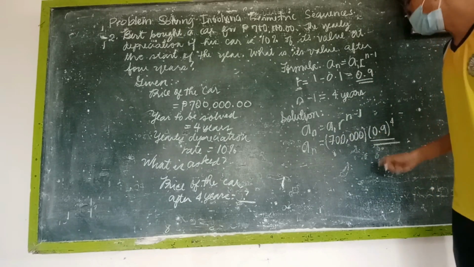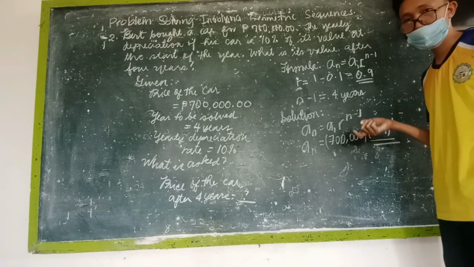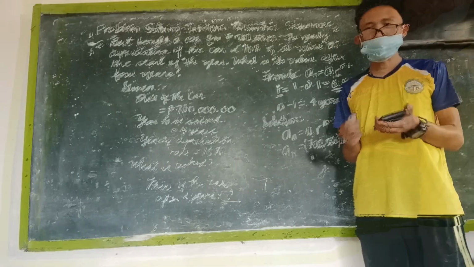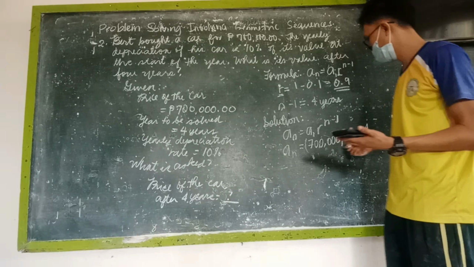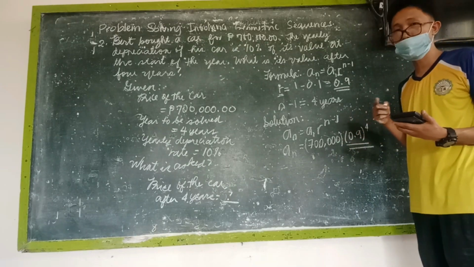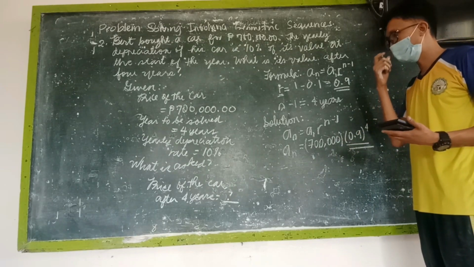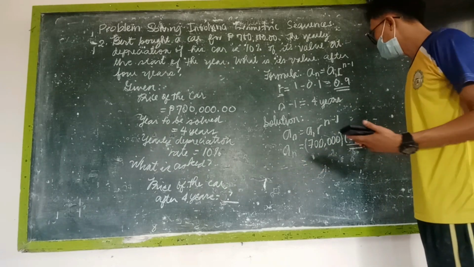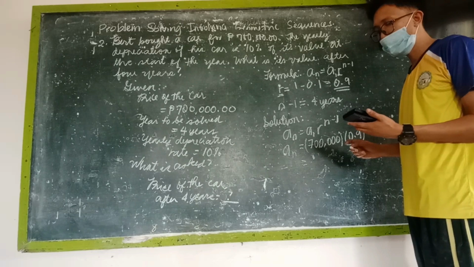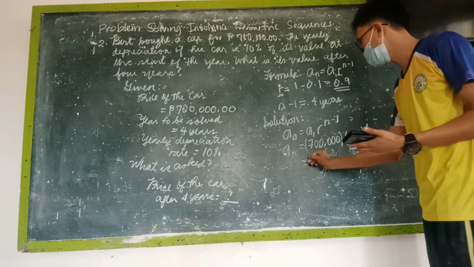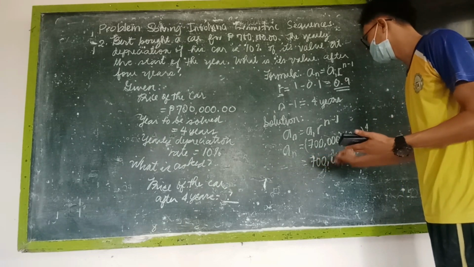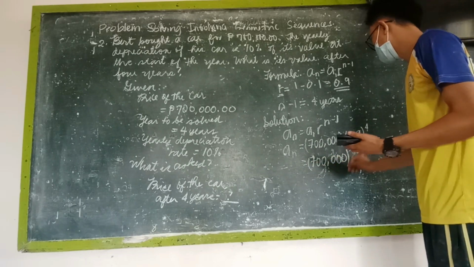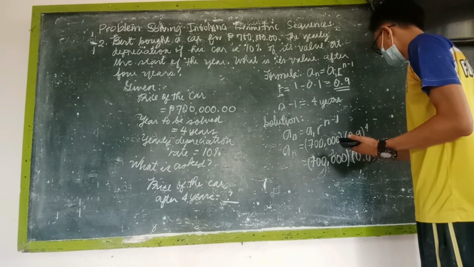Thus, mauuna ang 0.9 raised to the power of 4. Based sa ating calculator, since medyo tricky na siya na exponential simplification, ita-times natin sa calculator ang 0.9 raised to the power of 4. So, 700,000 times 0.6561.